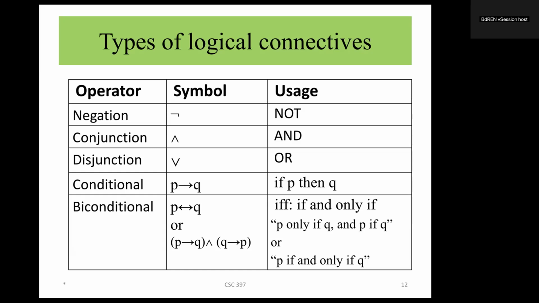Let's talk about the conjunction, which basically means and. A conjunction is true only if both statements are true, and we know that and works in the same way.